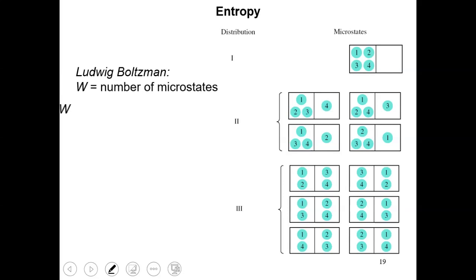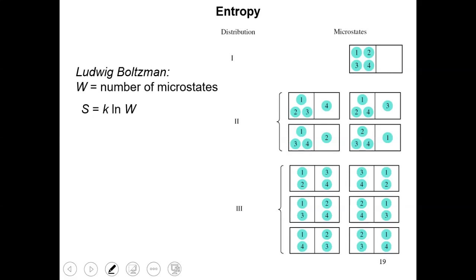Statistically, he developed the equation that said that this property of entropy is S = k times the natural logarithm of the number of microstates, where k is a constant that has come to be known as the Boltzmann constant.